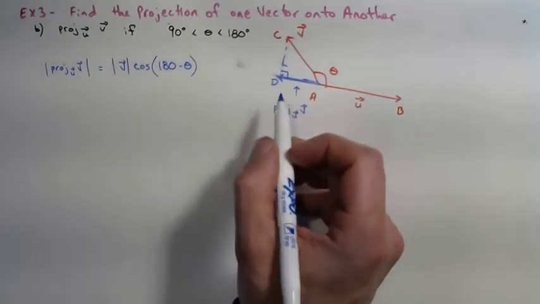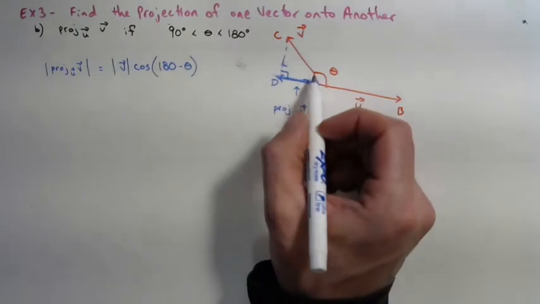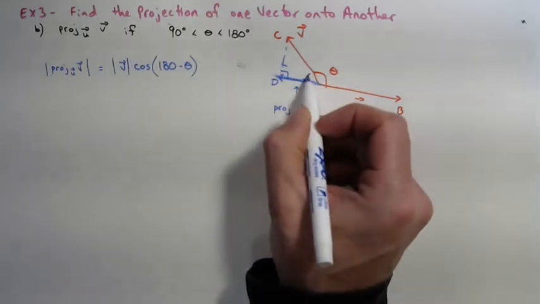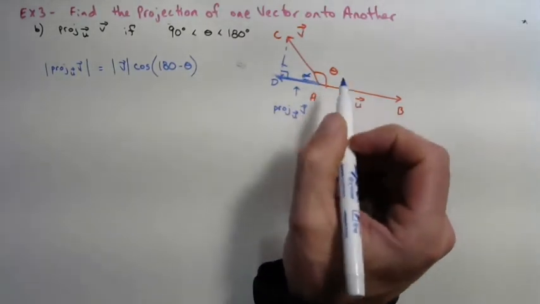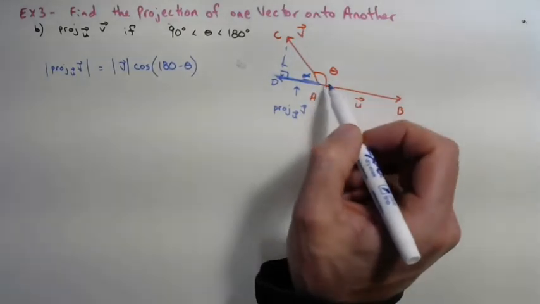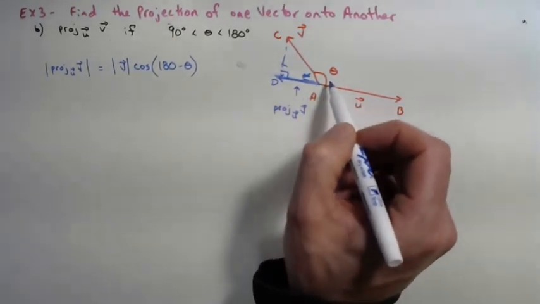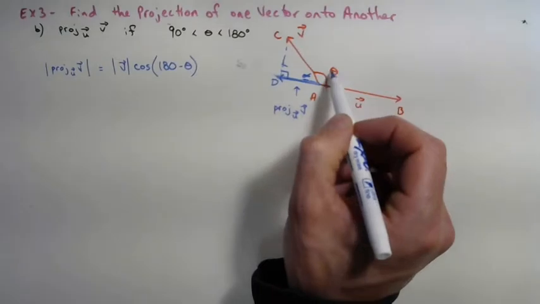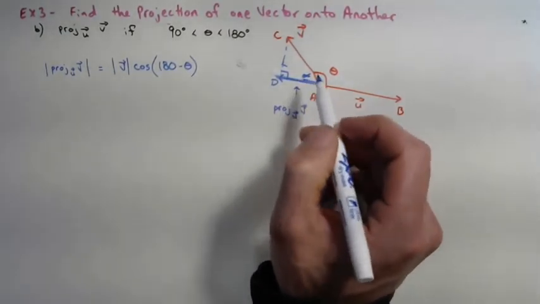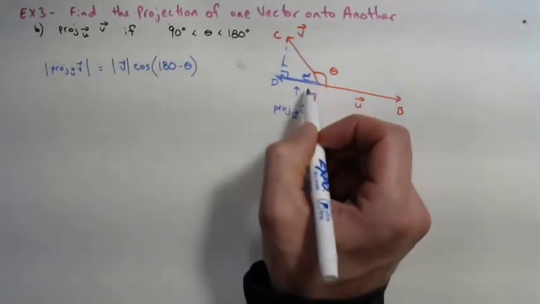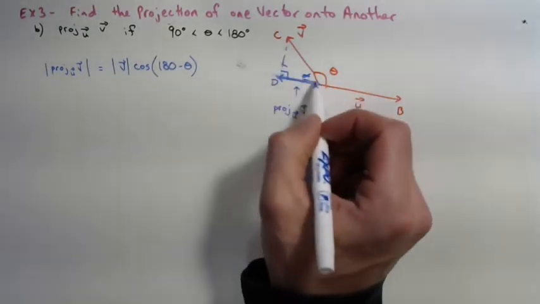Why do we say that? Well, because we're creating another angle here. Let's call it alpha. And that angle is 180 minus theta. Okay, it's a supplementary angle. And we're still talking about cosine because we still have adjacent and hypotenuse.